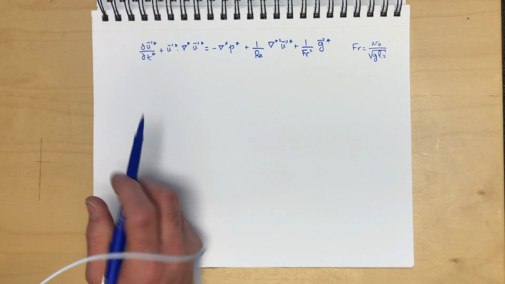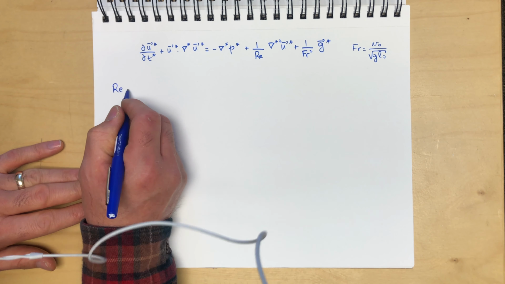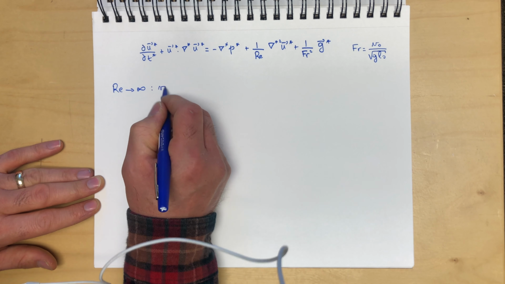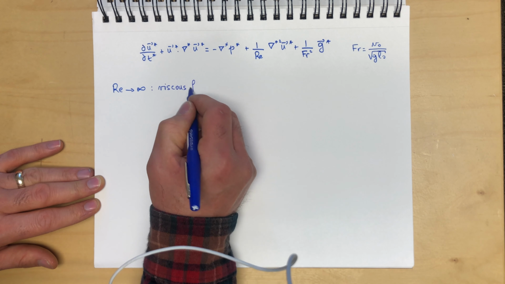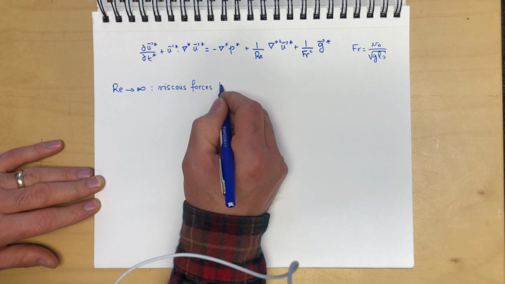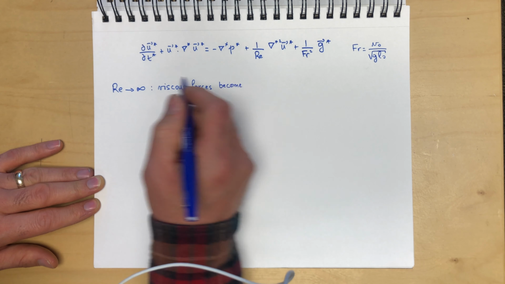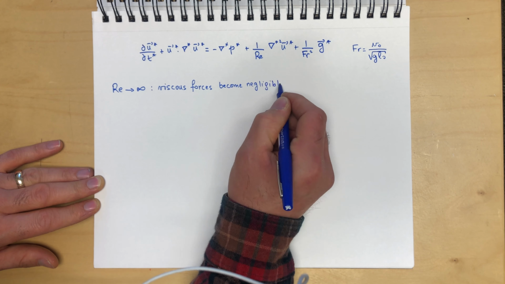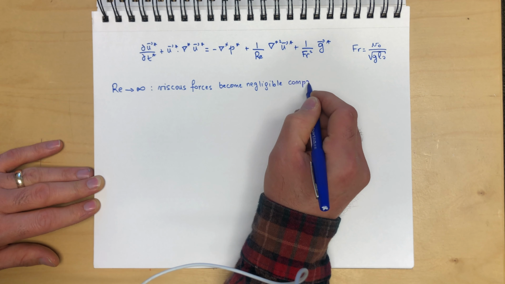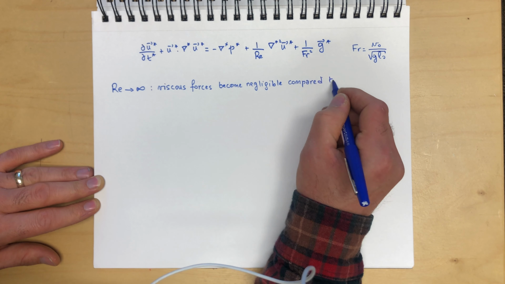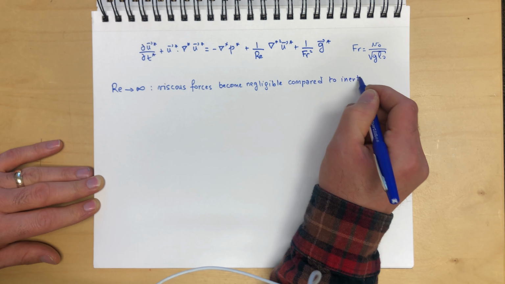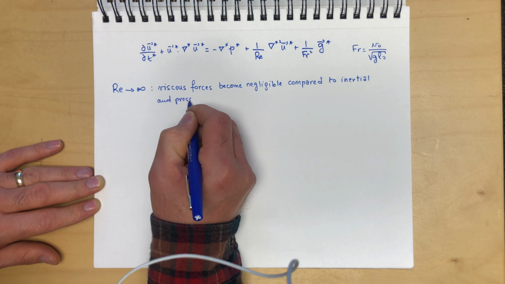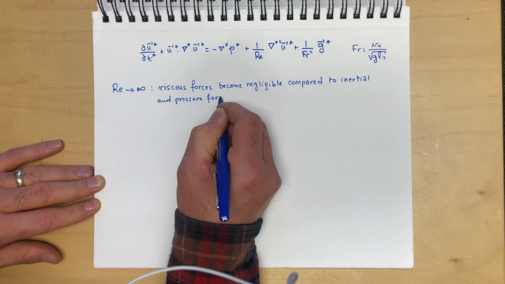Okay, so if we take the large Reynolds number limit, then viscous forces become negligible compared to inertial and pressure forces.